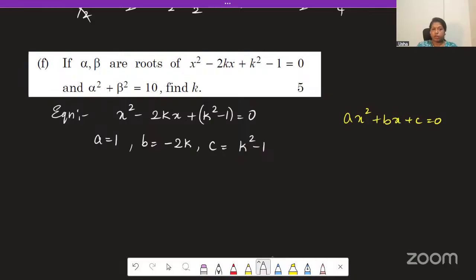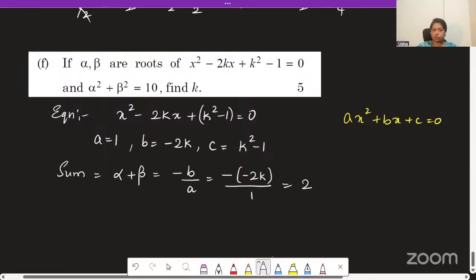Now they have given alpha square plus beta square is 10. You need to find k. So just use the sum of the roots formula. Sum is alpha plus beta, which is minus b by a. Minus of minus 2k by a, which is 1, is 2k.